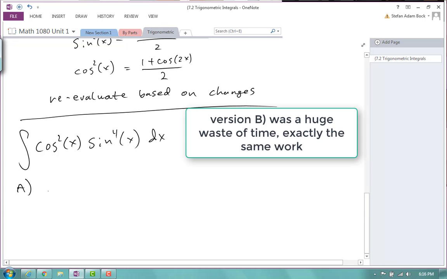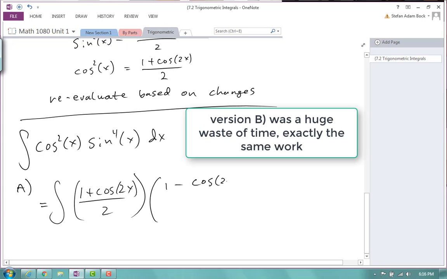we're going to end up with the integral cosine squared is equal to 1 plus cosine of 2x, so this is 1 plus cosine of 2x over 2. And sine squared is 1 minus cosine of 2x over 2 squared.